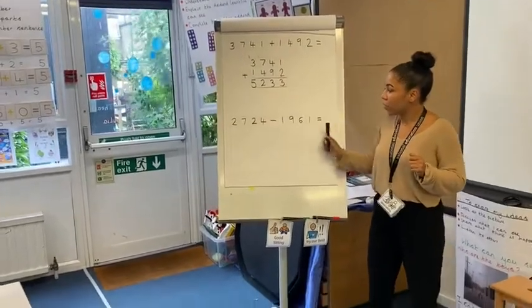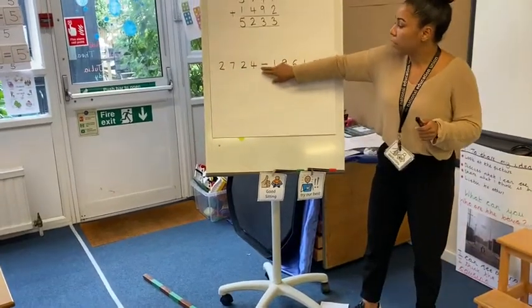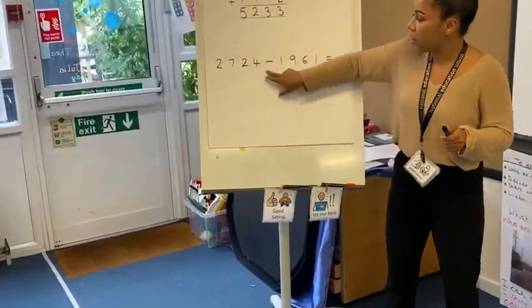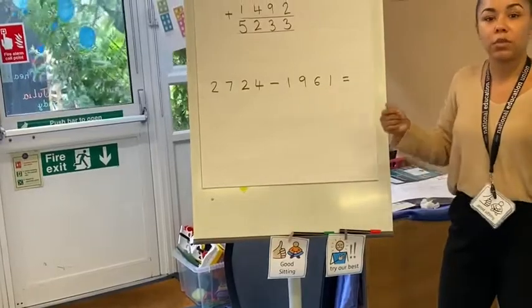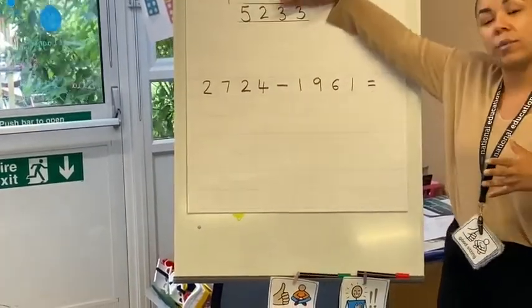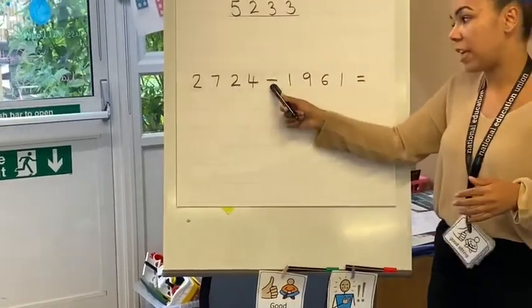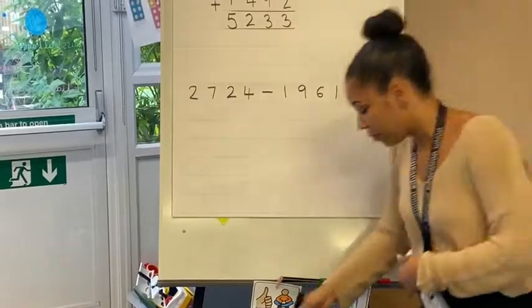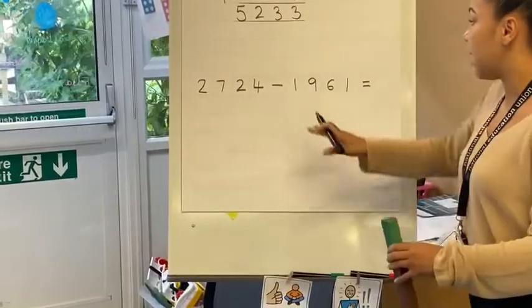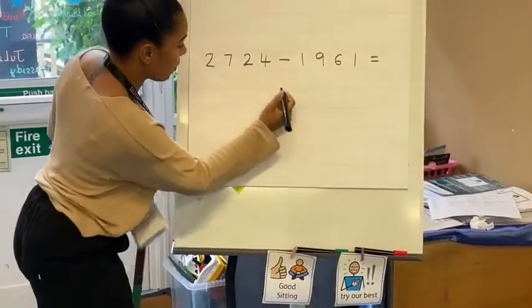Right, moving on, when I read my number sentence, I'm checking to see what method I'm doing, because I don't want to get myself confused, because I know at times we just think, oh, we started with addition, maybe this one's addition. Always checking, because actually it's not, it's subtraction. So again, I'm going to set it out. I'm going to put my first number on top.